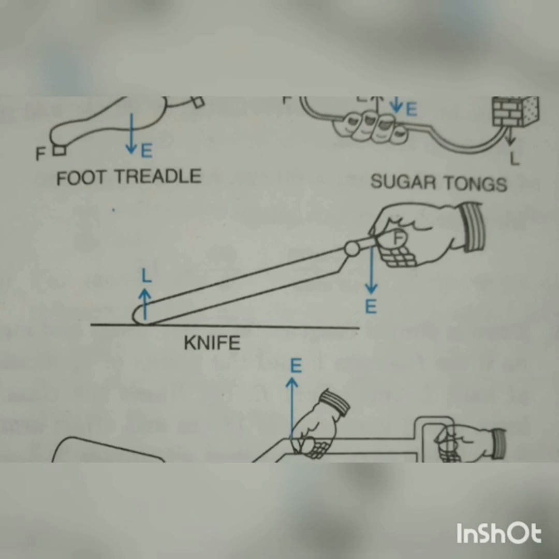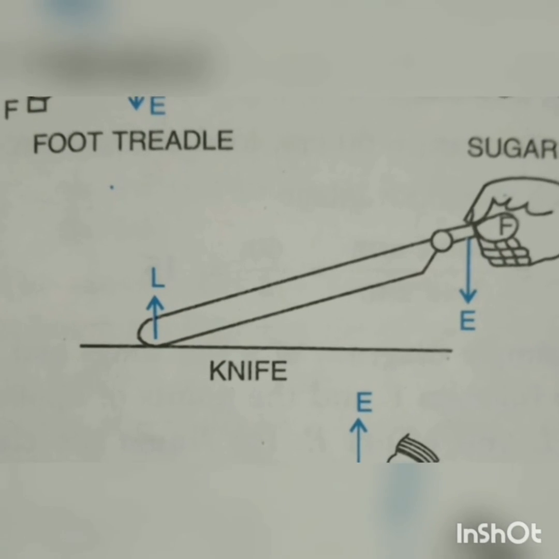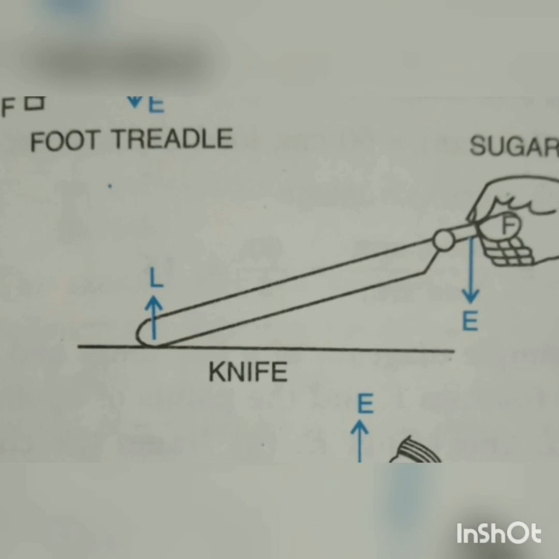So you see that in a knife, load is at one end, effort is between, and fulcrum is at the last end. Means load arm is greater than the effort arm. And if load arm is greater than the effort arm, then MA is less than 1, which is a gain in speed.